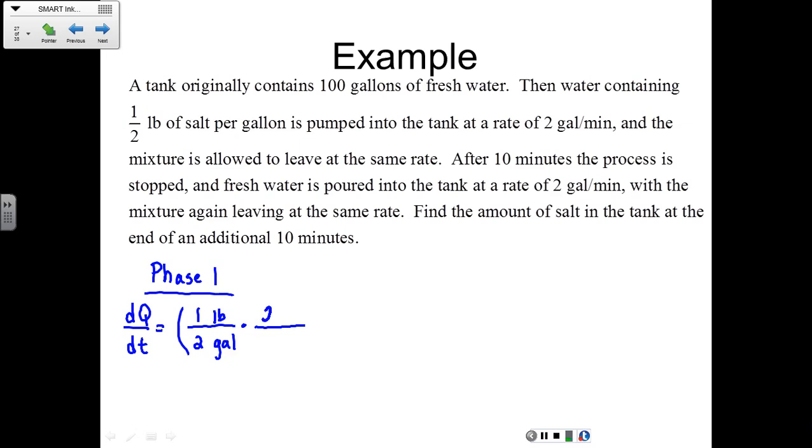So 2 gallons per minute, that's the rate we're pumping it in there. Minus the rate leaving, it's allowed to leave at the same rate.